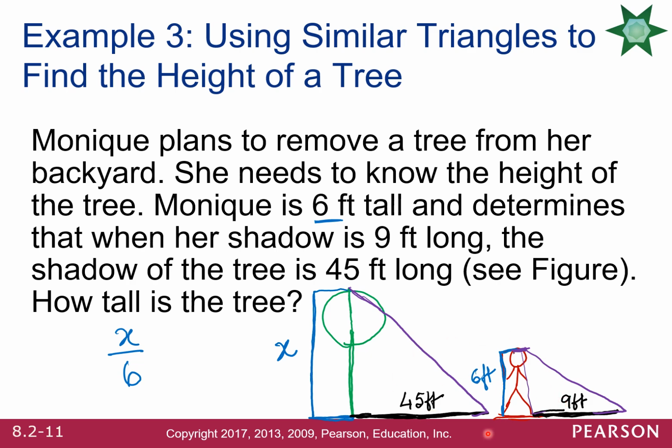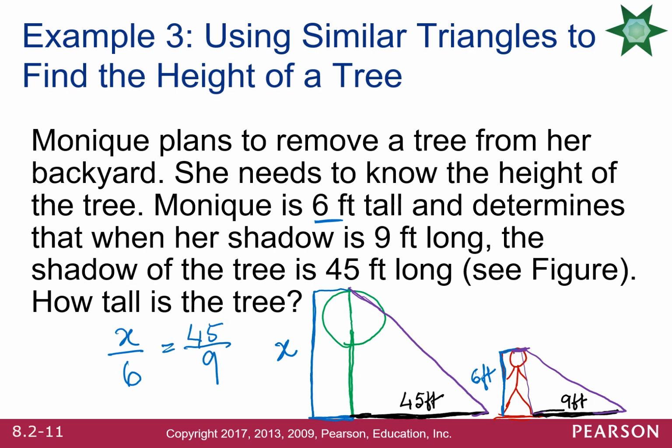All right. So if you have put x in the numerator for the tree, then you have to put the 45, which also pertains to the tree, in the numerator as well. So it's going to be 45 over 9.